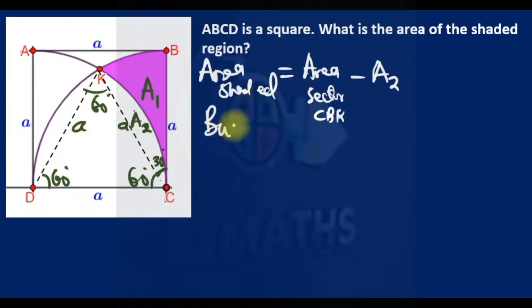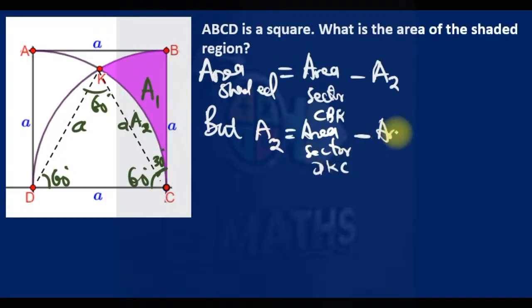But A2 is equal to area of sector DKC minus area of triangle DKC.